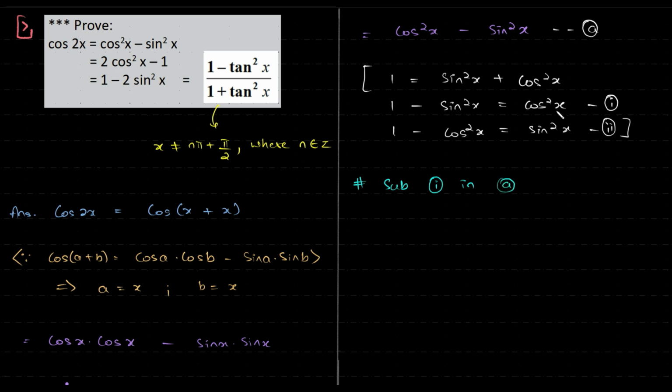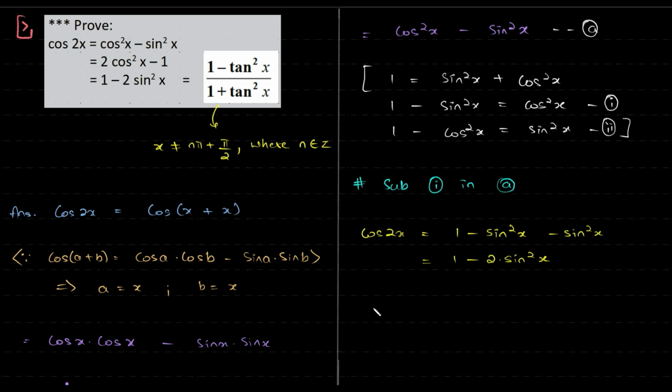What do we end up with? Cos square x. In place of that, I'm going to substitute 1 minus sin square x. So we have cos 2x is equal to 1 minus sin square x minus sin square x. So this is 1 minus 2 sin square x.